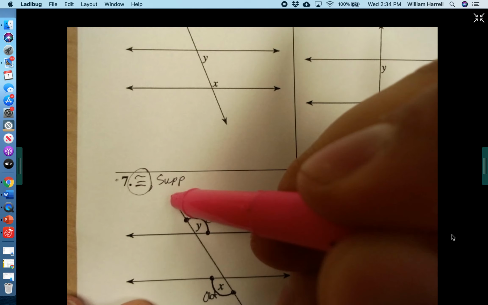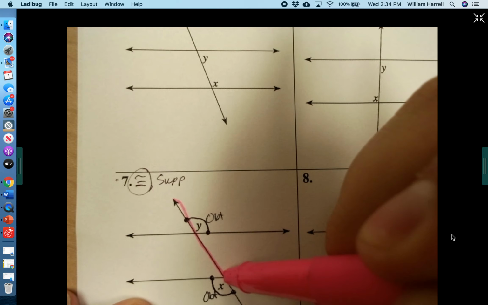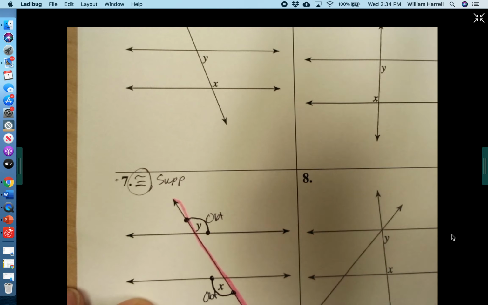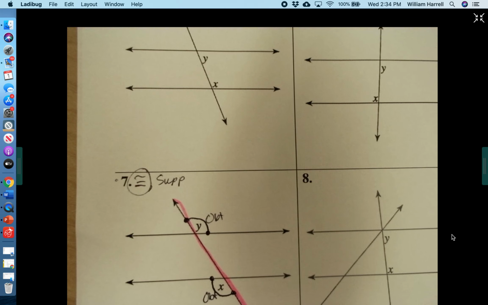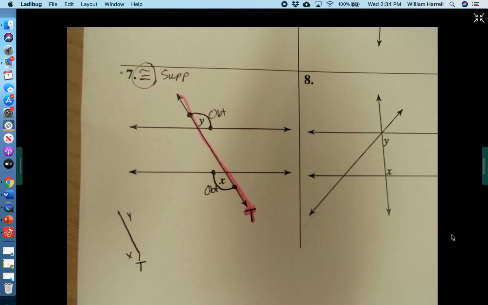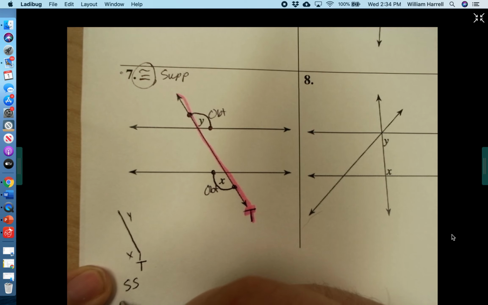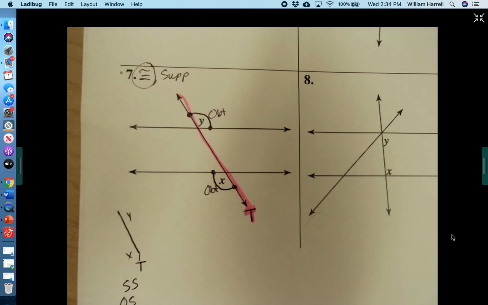I'm going to keep trying to stay consistent here for y'all. Color my transversal pink. So if I want to simplify this, y is on this side, x is on this side, and again, this is my transversal. Are they on the same side or opposite side? They're on opposite. Okay.